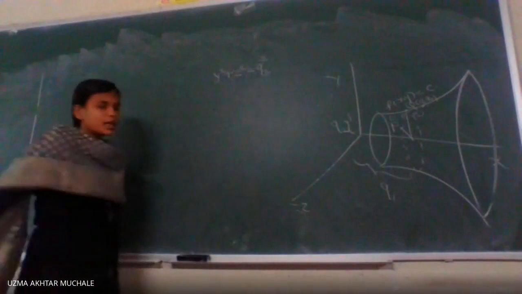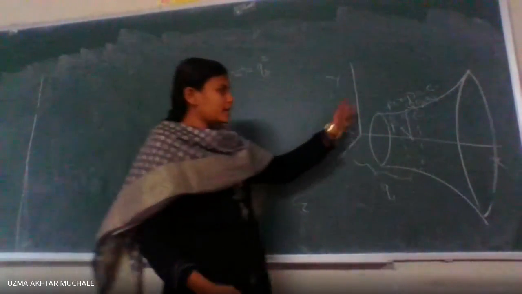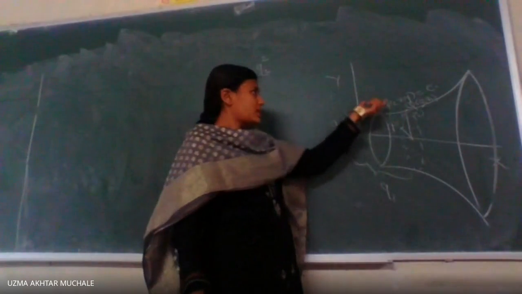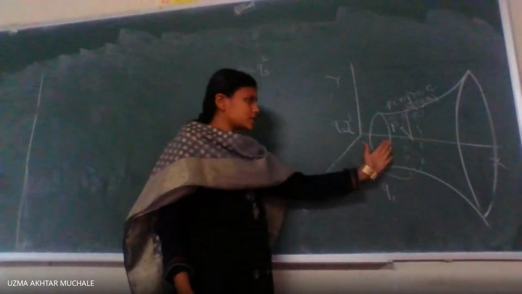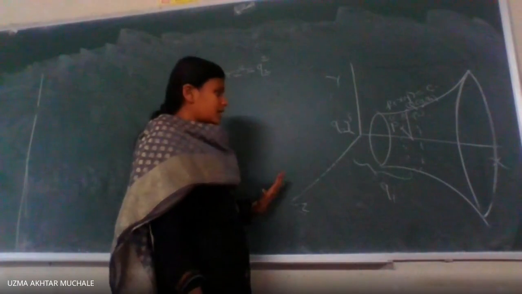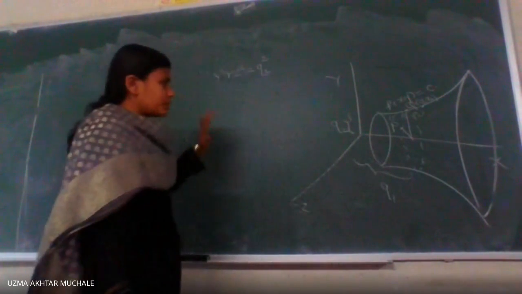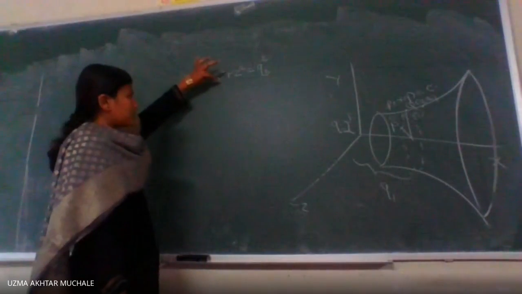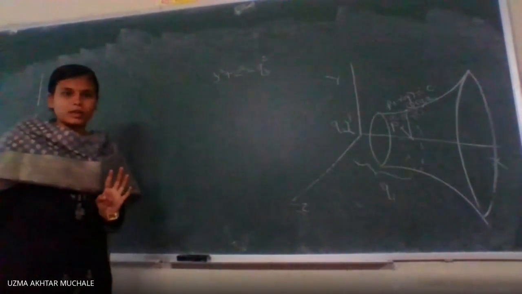As it is a circle parallel to the yz plane, we cannot write the equation of a circle in x, y or in xz. So what will be the equation of a circle in the yz plane is y square plus z square is equal to Q2 square. Okay.